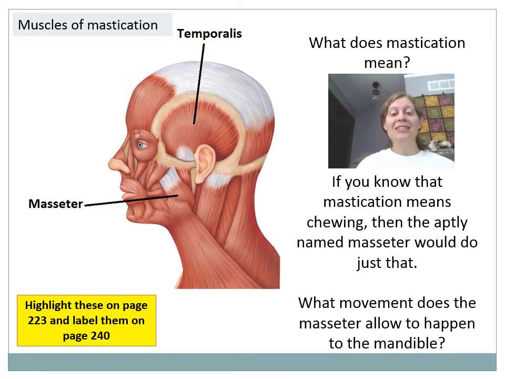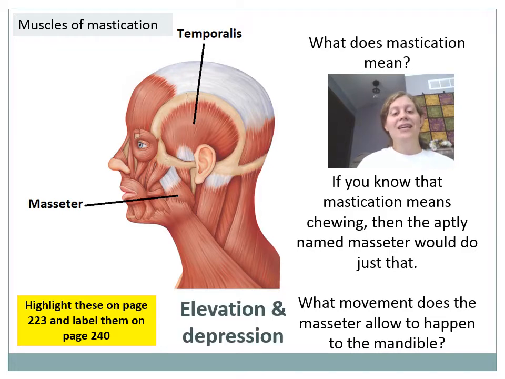So if you know that mastication means chewing, then the masseter would do just that. So the masseter is also going to help you chew because mastication and masseter, right? It's going to do that job for us. So what movement does a masseter allow us to do with the mandible? Yeah, the same thing the temporalis does, right? Elevate and depress that mandible.